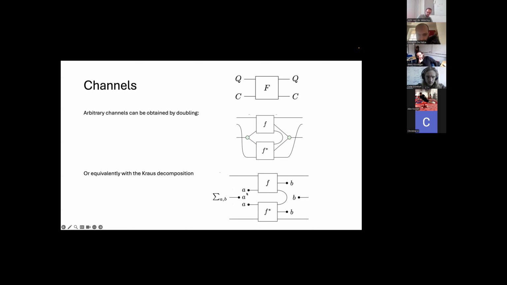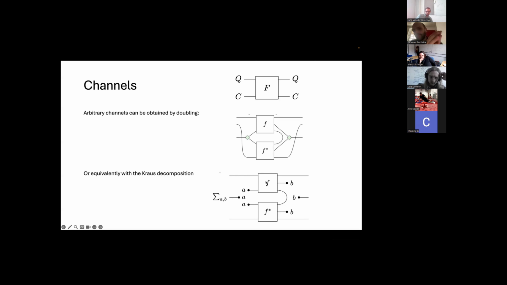So here it says, okay, if I have some control variable A, I do this process and then I get B in this instance. And this sum here is a mixing sum. Since I'm taking the sum of the channel itself, of this completely positive map acting on the doubled space, this corresponds to a mixing, a distribution over the possible values.